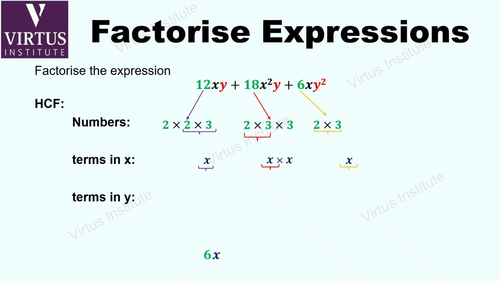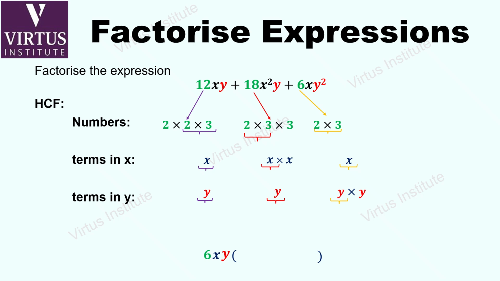For the y terms, y, y, and y squared, the common factor is y. So the highest common factor is 6xy. Now write 6xy outside the brackets.